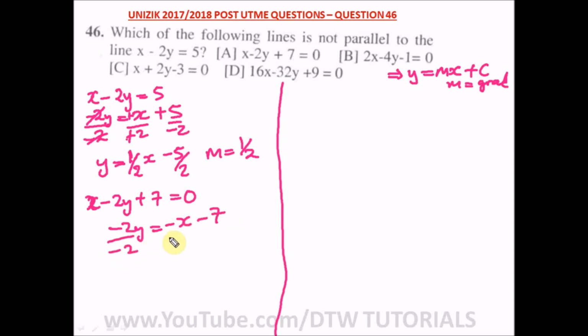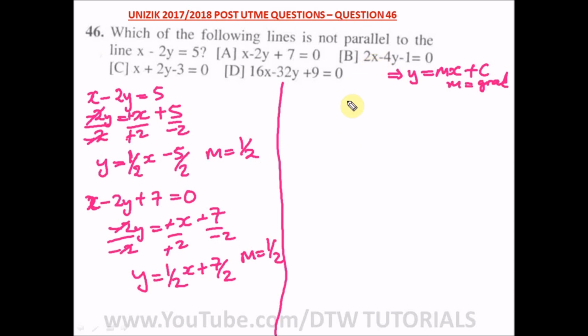Divide both sides by minus 2. The minus will cancel out. We have y is equal to 1 over 2x plus 7 over 2. So here the gradient is still half. So these two are parallel. We're looking for the one that is not parallel with this particular equation.